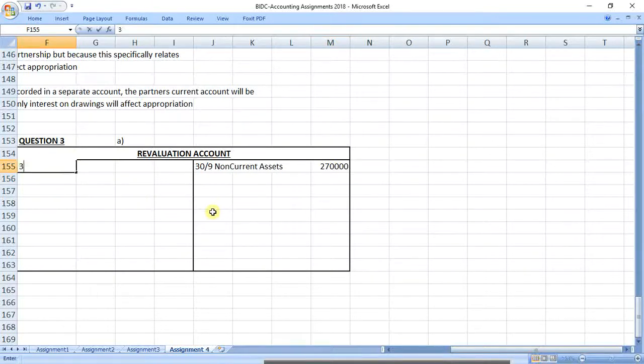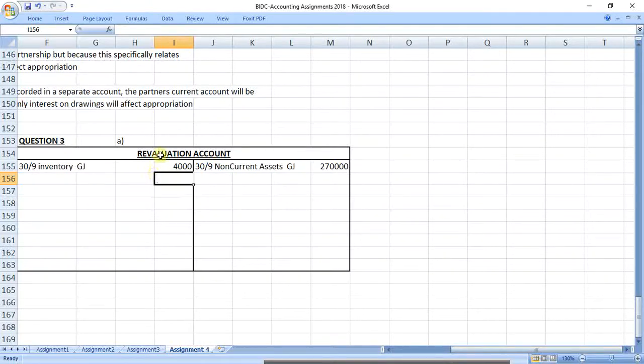Okay, that's how you approach it. 30th of the 9. Inventory. All of this will be general journal. Okay, so if you're wondering what the reference, folio, is, you can put general journal for all. Okay, how much did the inventory decrease by? Reduced by 4,000. Okay, so 4,000 goes there.